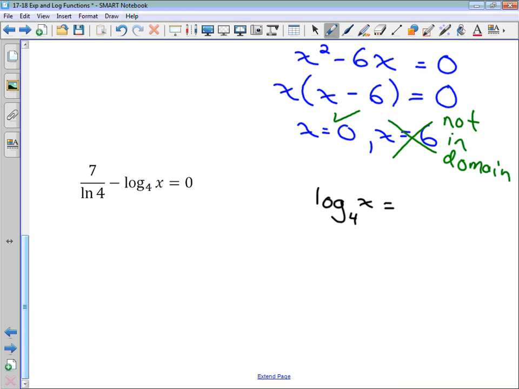Well, we just have to do ln over ln here, basically log to the base e of both our original argument x and our base 4. So log to the base 4 of x is actually ln x over ln 4. Let's put that in here.